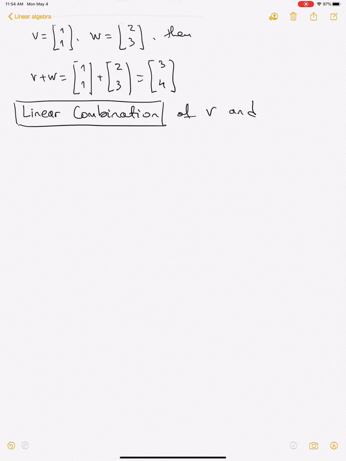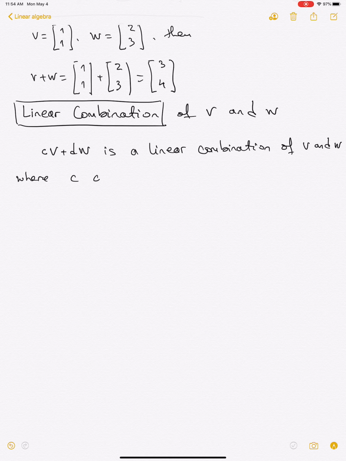Well, a linear combination of V and W would be an expression of the sort cV plus dW, where c and d are some numbers or scalars.